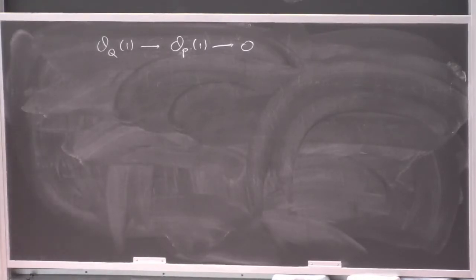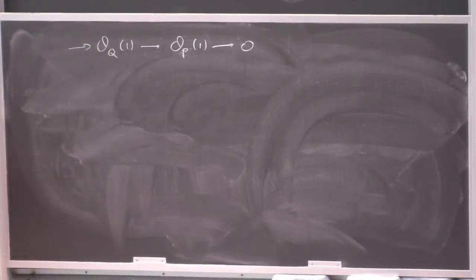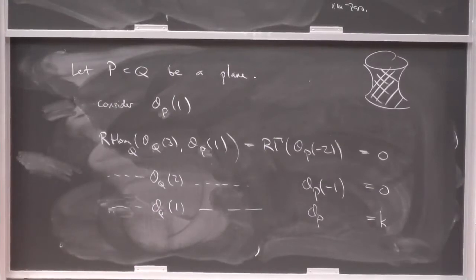And what's the kernel? This is the new thing. OP of 1 is not orthogonal to OQ of 1. But I'm going to make it orthogonal in the following way that you're going to see more and more. So what's the kernel of that surjection?